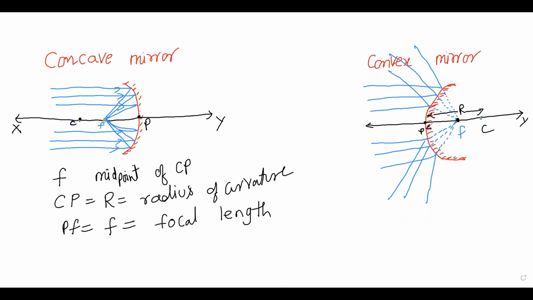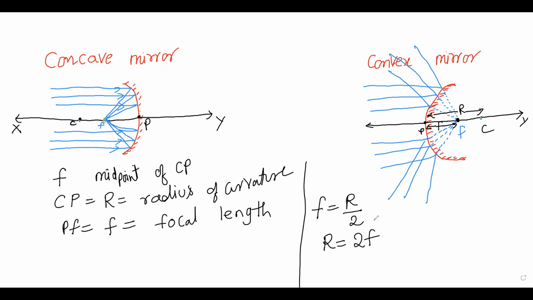From pole to focus, the distance is called focal length. Got it? So focal length is half of radius of curvature. If you cross multiply, radius of curvature is twice the focal length. This is the relationship between focal length and radius of curvature.